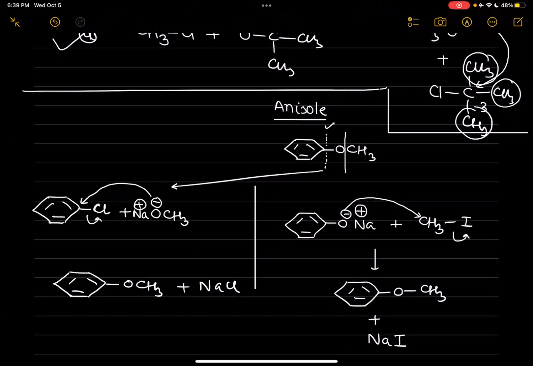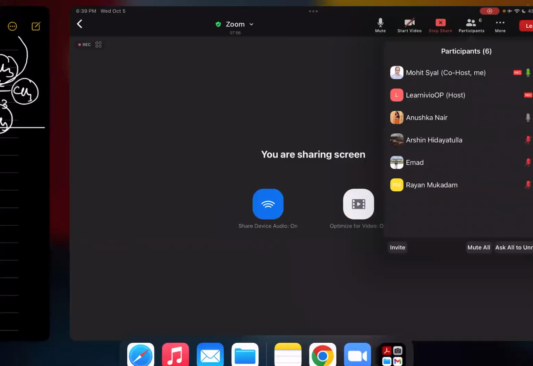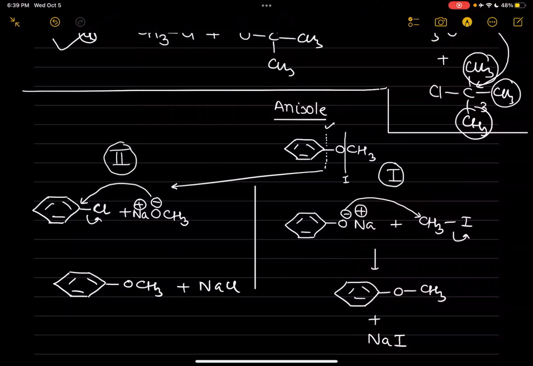Sir, the left-hand side one. Which one? The left. Sir, the second. Let us name them. This is the first method, and this is the second method.